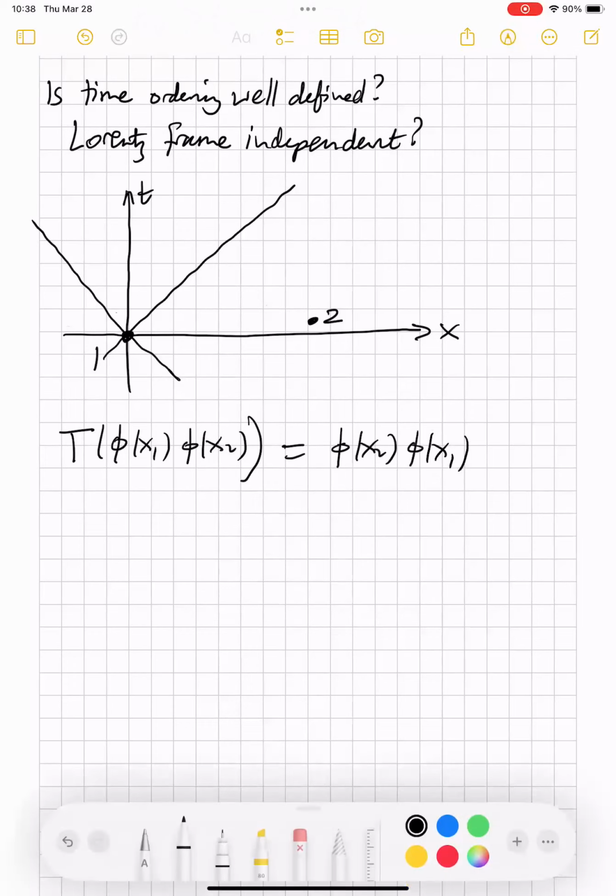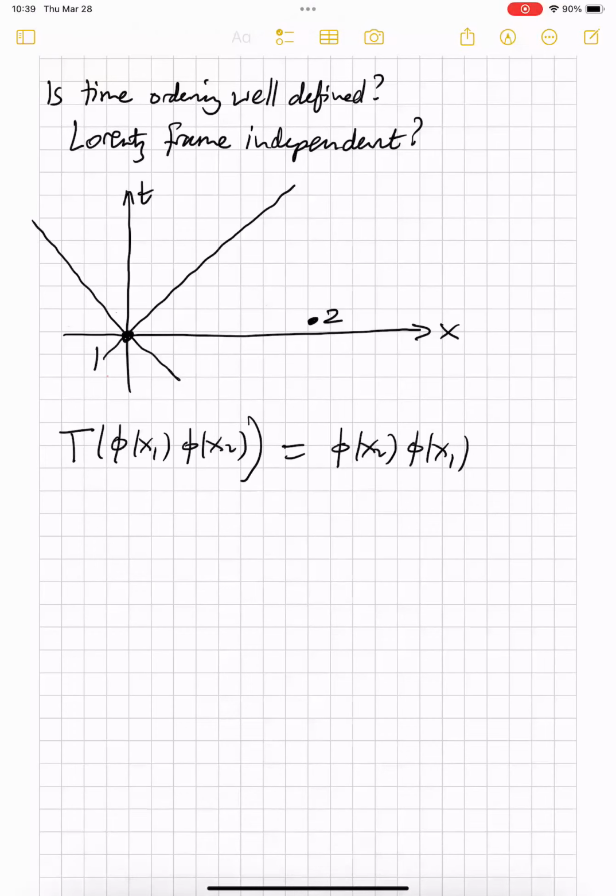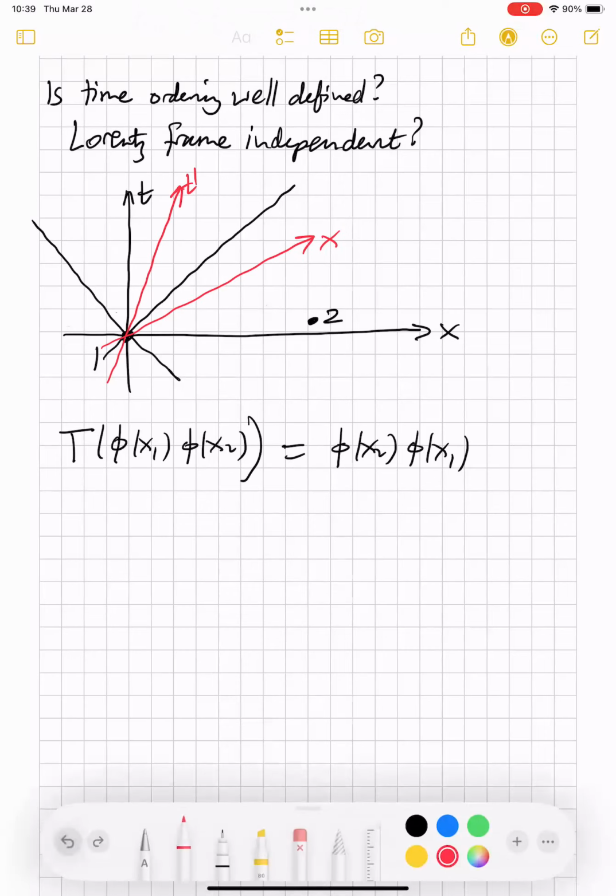But now I'm going to imagine doing a Lorentz boost to a second prime frame. In the prime frame, this is t prime, and this is x prime.